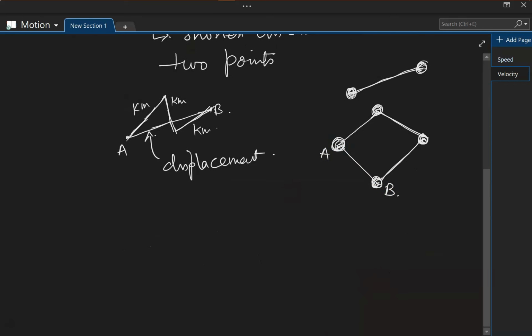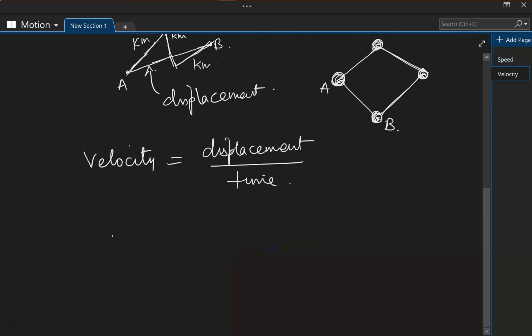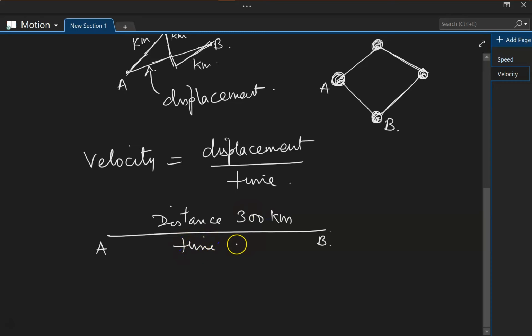And this is very, very important, because in physics, in most of the places we use velocity rather than speed. So what is velocity? Velocity is the rate of change of displacement. So displacement by time. So for example, let's say you go from A to B, the distance is say 300 kilometers, and the time taken is 10 hours.